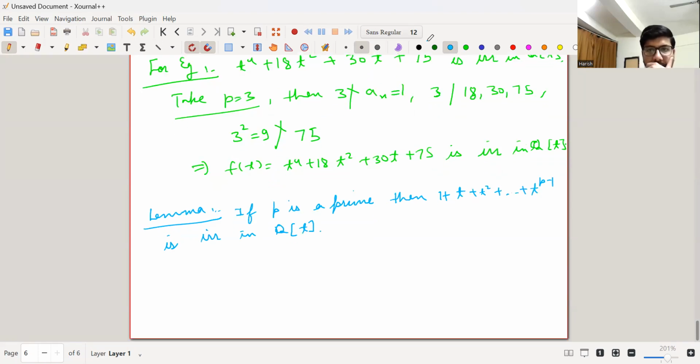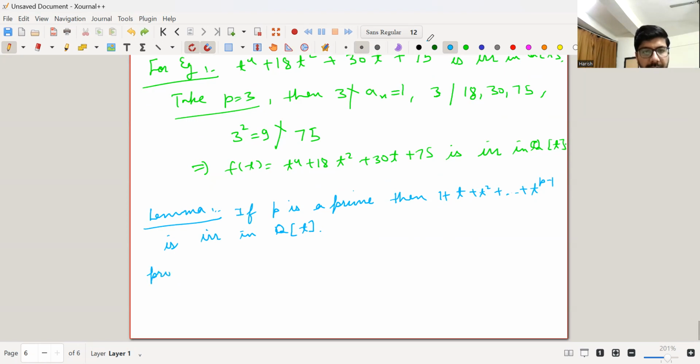So the first question that should come to your mind is, if we are going to use Eisenstein criteria, then how are we going to apply it, because it has all coefficients to be 1. So what prime will divide this, right? But we can make use of a small trick to actually use Eisenstein criteria here.